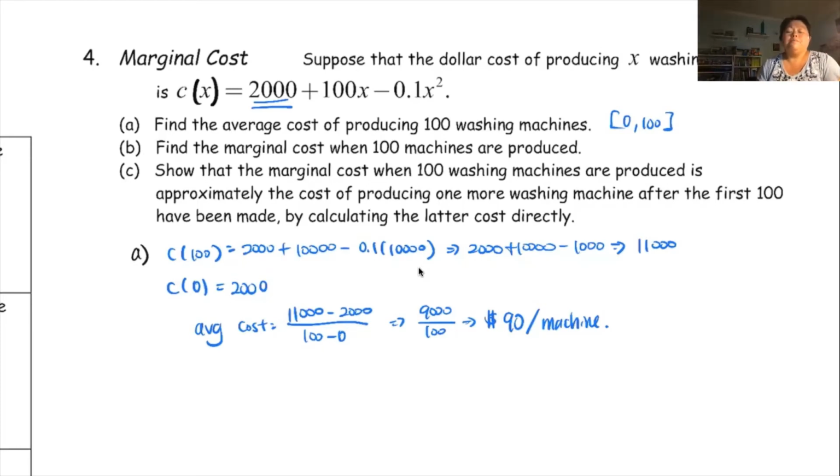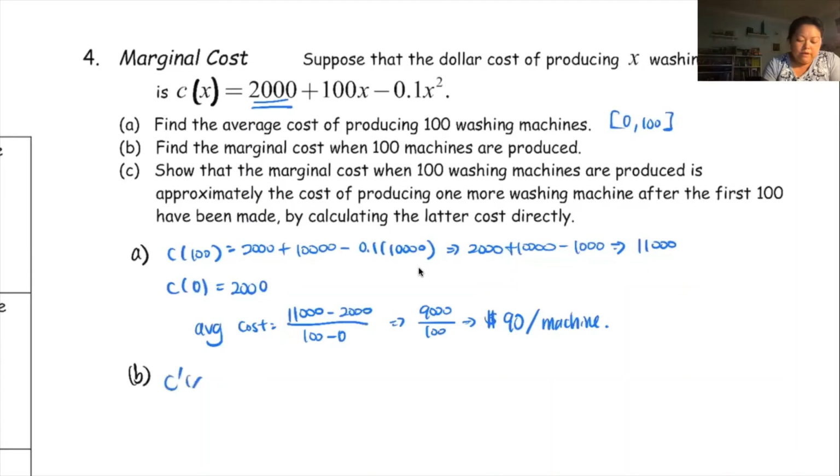So this is how you would figure out the marginal cost, that is, at that moment of producing 100 washing machines, how is your cost changing at that point, all right? So we're going to look at what we're used to, which is the calculus part of this. So we're taking C prime.